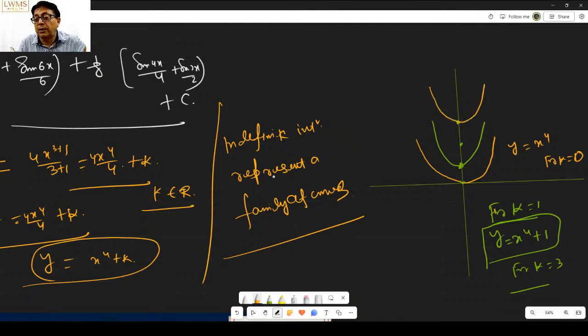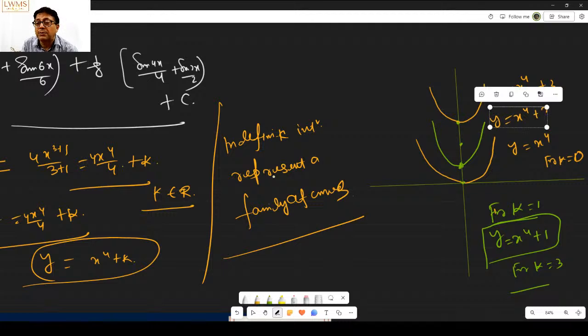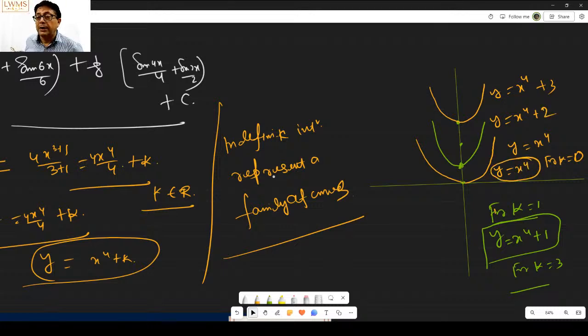This will be for y equal to x^4 plus 1, 2, 3, we have taken x^4 plus 3. This is x^4 plus 2. This is the base curve, then its value goes on increasing.